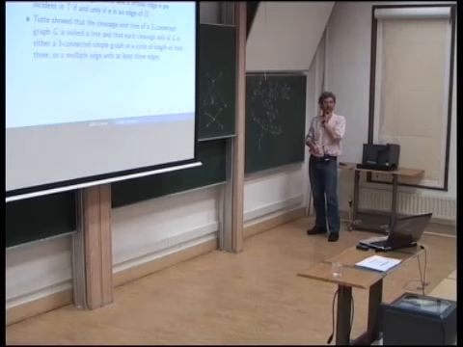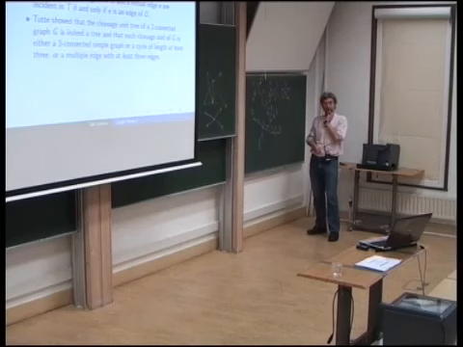Yes. And furthermore, each component, counting its virtual edges, is either a cycle of length greater than or equal to 3, or is 3-connected? Yeah, or it's a multiple edge with at least 3 edges. Then that depends whether you think of that as 3-connected or not.